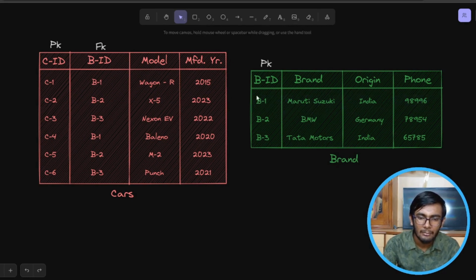Like Maruti Suzuki, the first record of brand, can be related to the first record and the fourth record of the cars object. So from the car's perspective, it is a many to one relationship. But from the brand object's perspective, it is a one to many relationship.